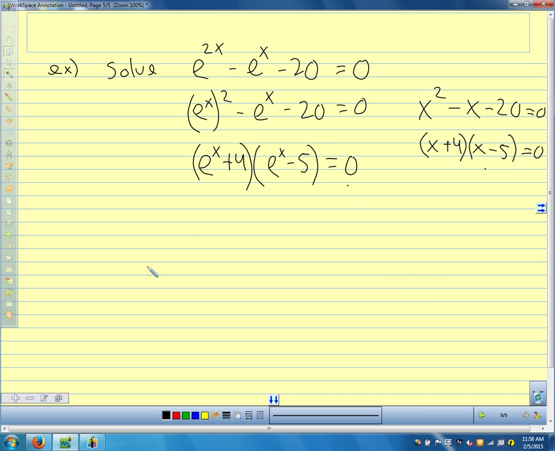So now this tells us that e to the x plus 4 equals 0, or e to the x minus 5 equals 0. All right, let's work on this one. E to the x equals negative 4. Anybody see a problem here?